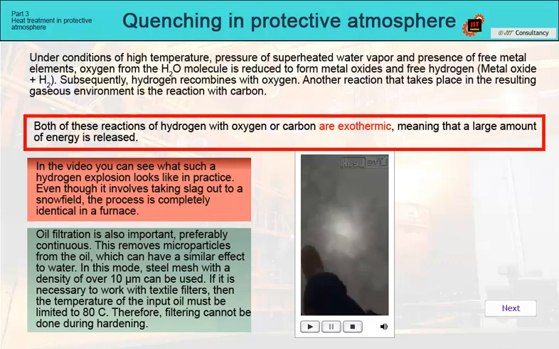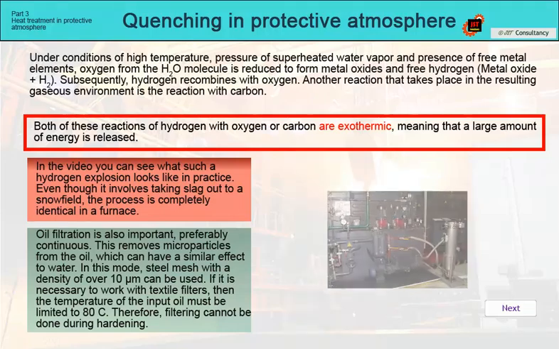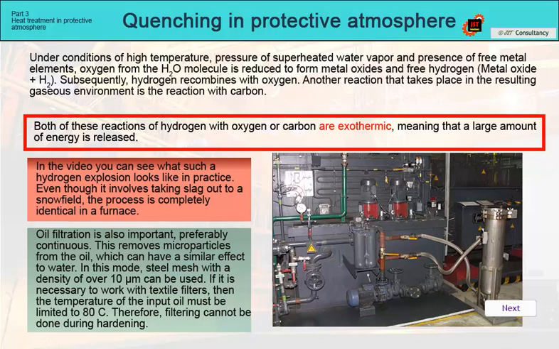This removes microparticles and impurities from the oil continuously. These can both reduce the cooling efficiency of the oil and can have a similar effect to water. In the continuous filtration mode, a steel mesh with a density of 10 micron can be used. If it is necessary to work with filters with a higher density, for example 1 micron, then textile filters must be used.